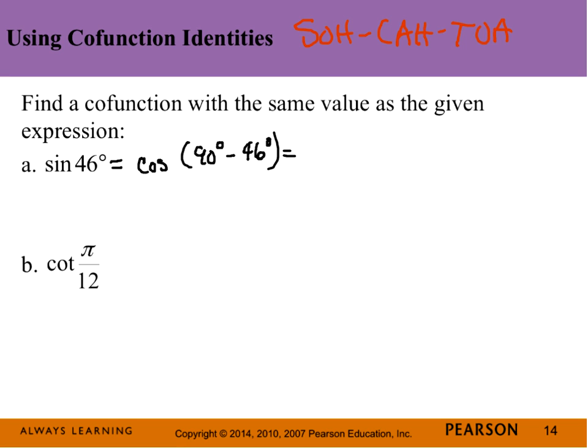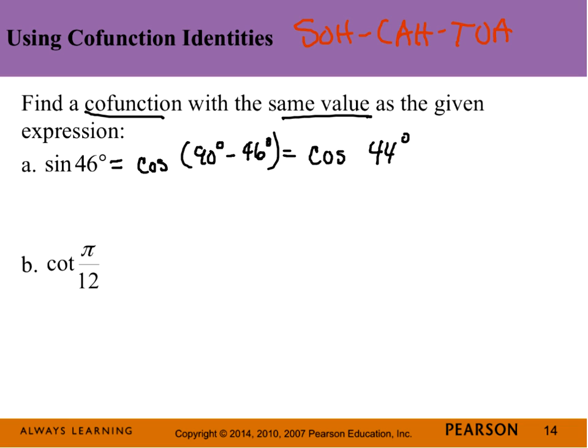So if I want to write an equivalent cofunction, a cofunction with the same value as the sine of 46 degrees, I simply do the subtraction there. So the sine of 46 degrees is the exact same thing as the cosine of 44 degrees, which is 90 minus 46 there. All right.